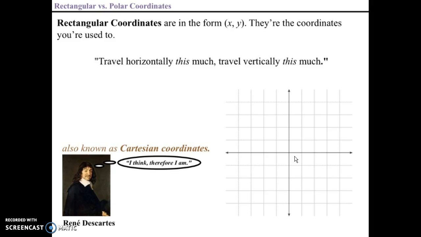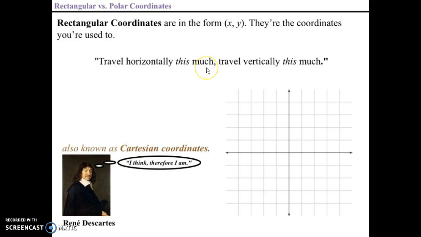Now, they're called Cartesian coordinates because originally they're supposedly developed by a guy named René Descartes. He's the same person that came up with I think, therefore I am, allegedly. Anyways, this guy was really influential in math and especially analytic geometry. And so that's why we say Descartes, Cartesian coordinates.